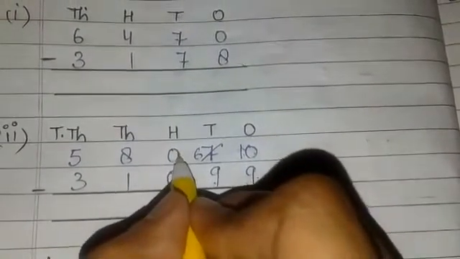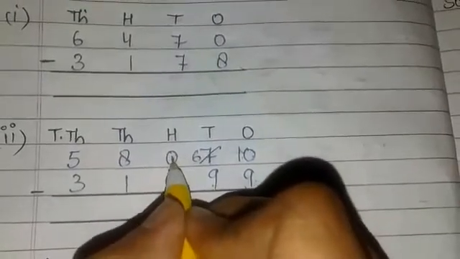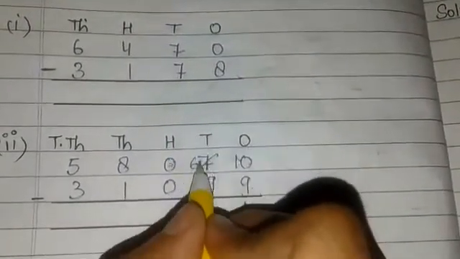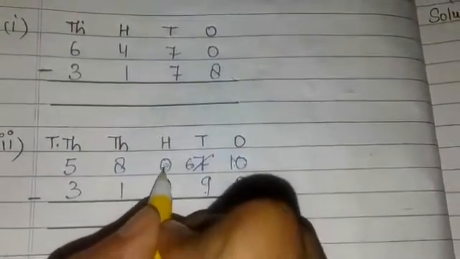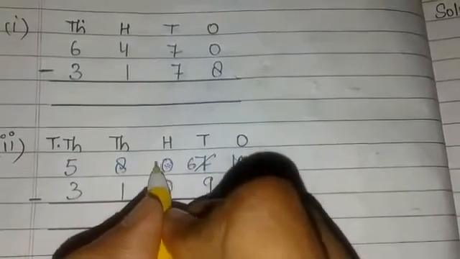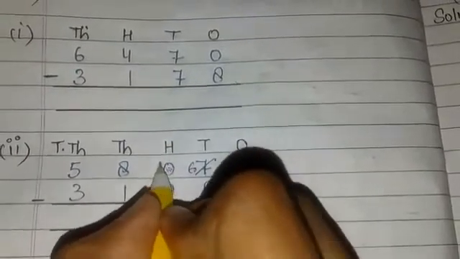Again it is smaller than 9, so we will borrow from this, but as it is 0, it can't give borrow to this, so we will borrow from this. 1 gave borrow to it, so it is now 10.